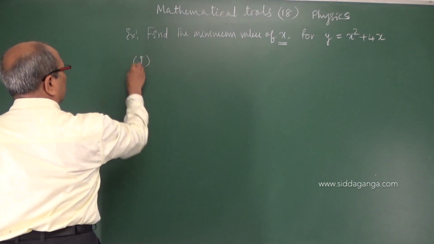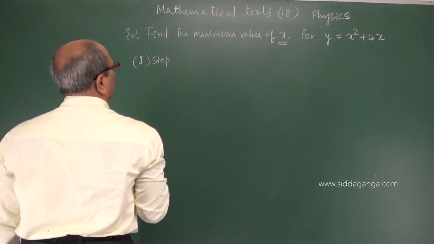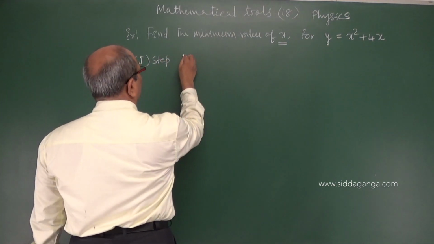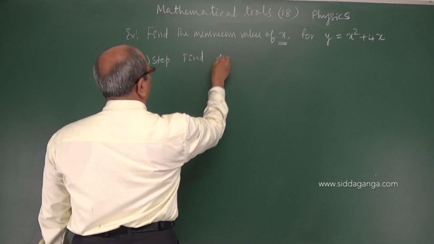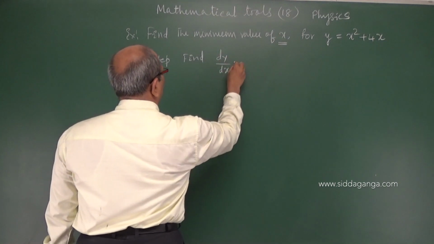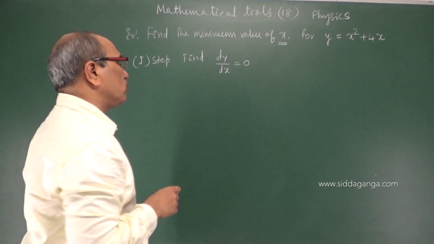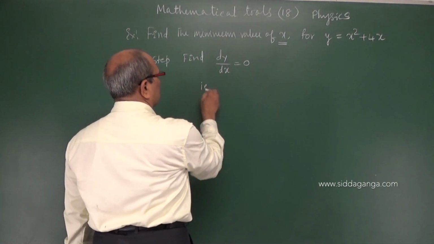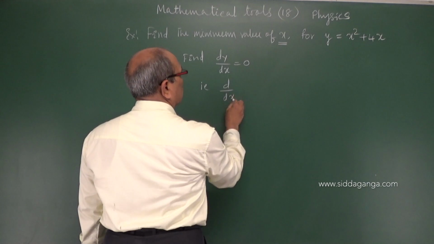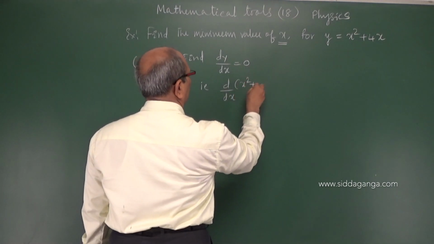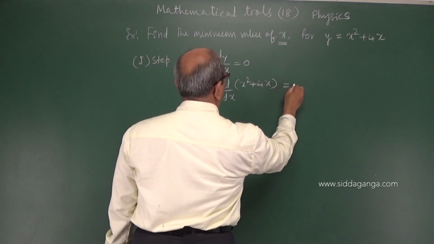First step, find dy by dx, and you have to put it 0. First order derivative should be made 0. That means d by dx of x square plus 4x equal to 0.